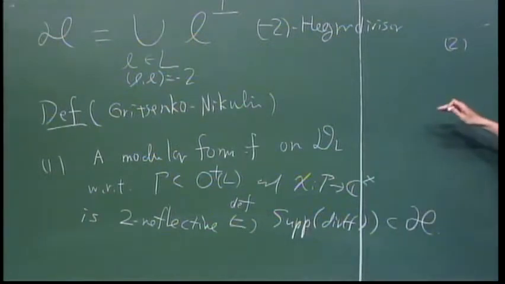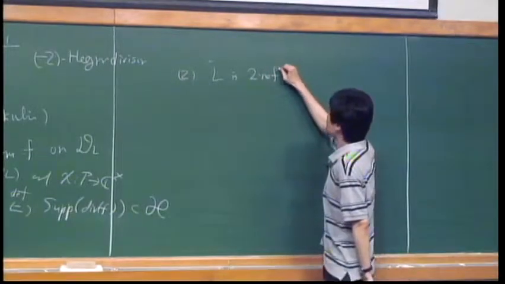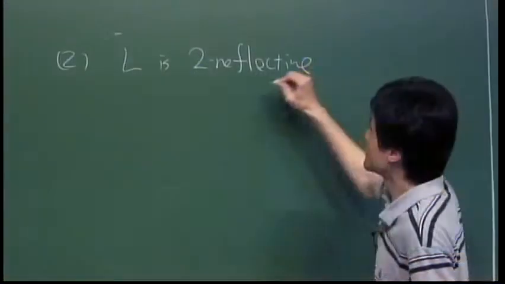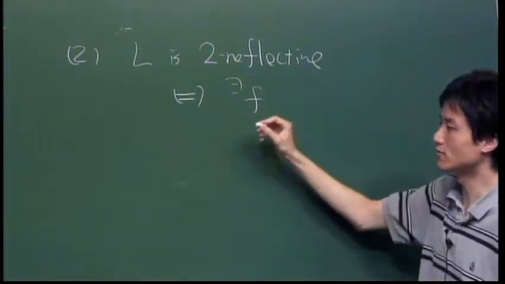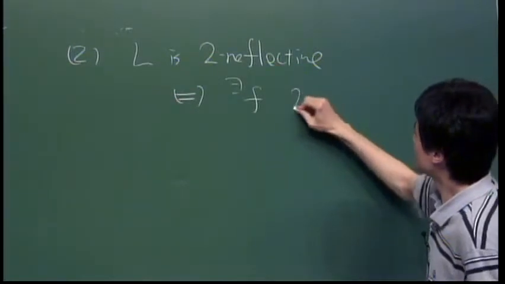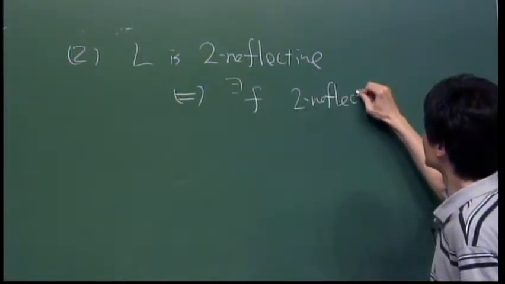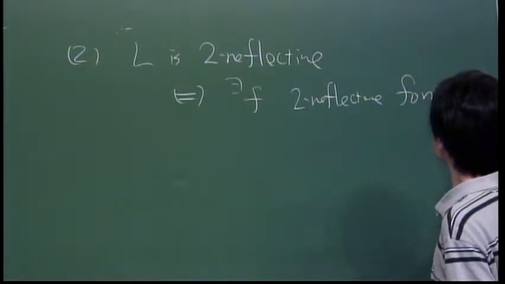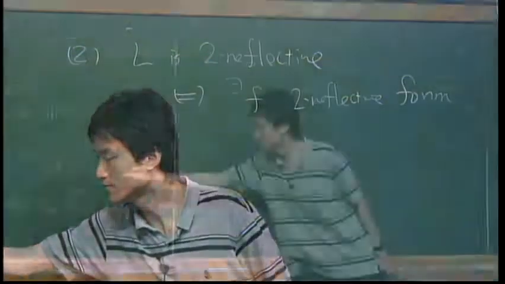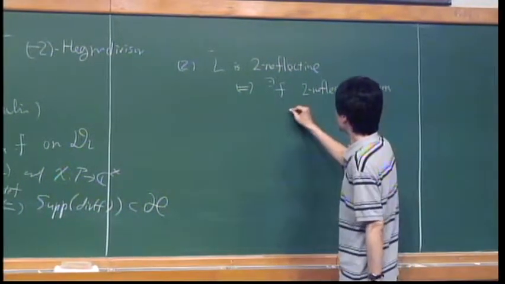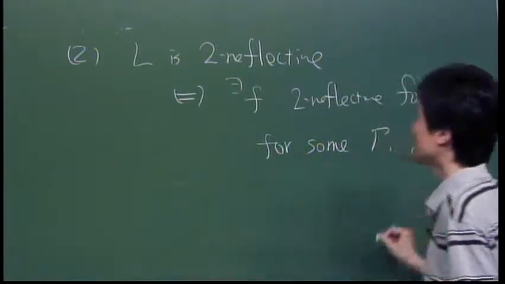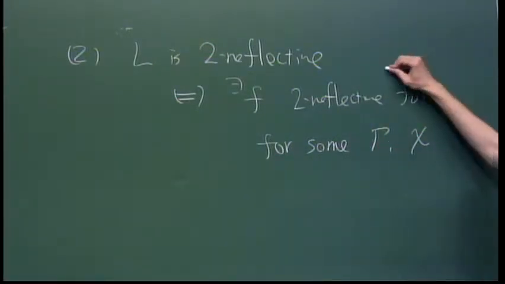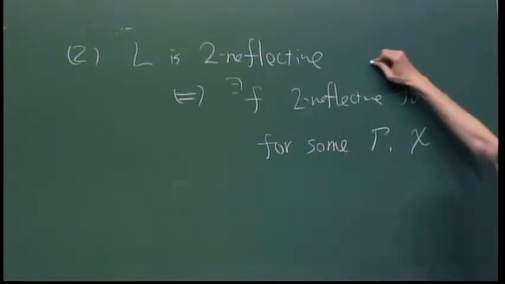And the lattice is said to be 2-reflective if there exists a 2-reflective modular form for some group and character. Of course, I assume that this is non-constant.